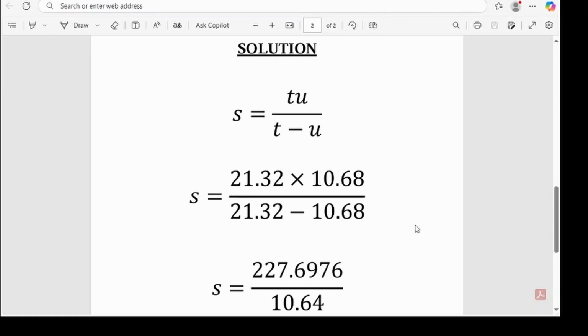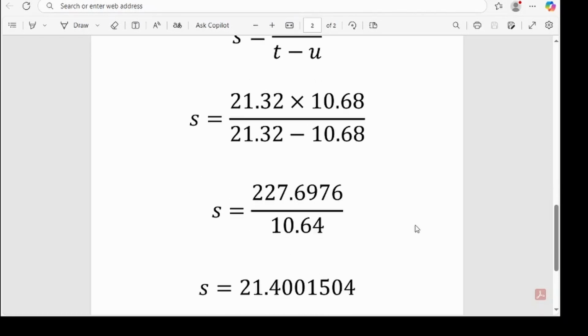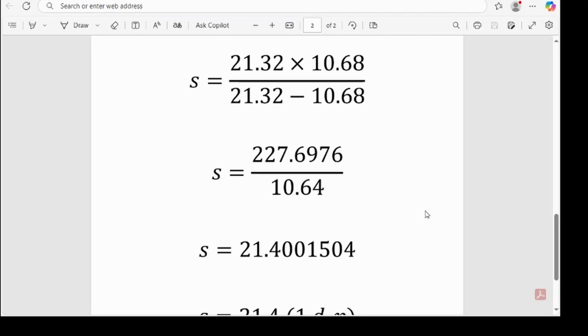So 21.32 multiplying 10.68 would give you 227.6976, and 21.32 minus 10.68 will give you 10.64, right? Yes, it's going to give us 227.6976 divided by 10.64.